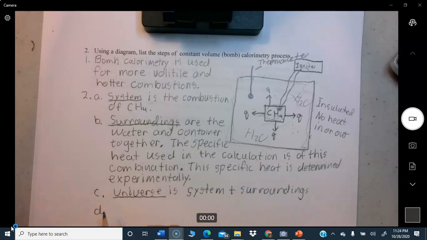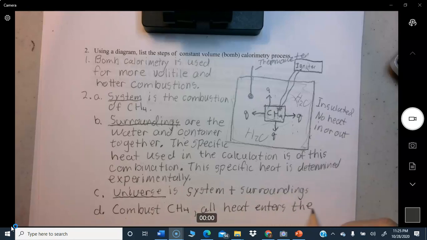Okay, so you combust the CH4, you burn it, and all the heat enters the calorimeter.